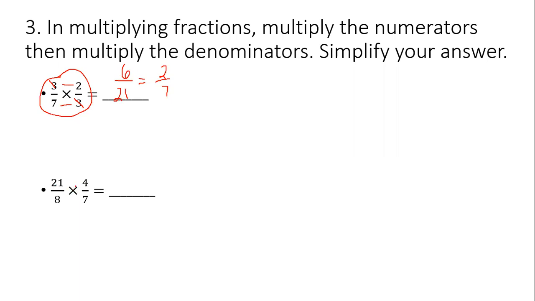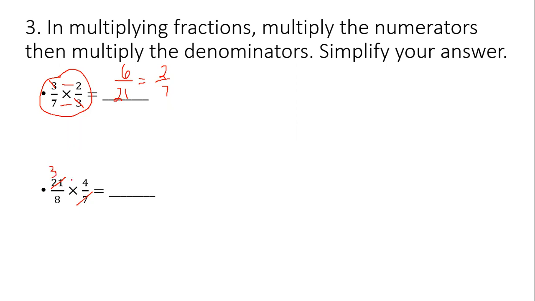Next example. 21 over 8 times 4 over 7. Again, we would like to use smaller, lesser values of numbers. So we might as well simplify first our given. So yung 7 po at saka 21, pwede tayong mag-cancel out dyan.